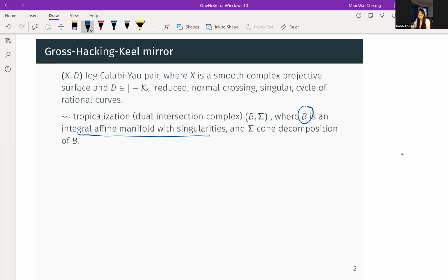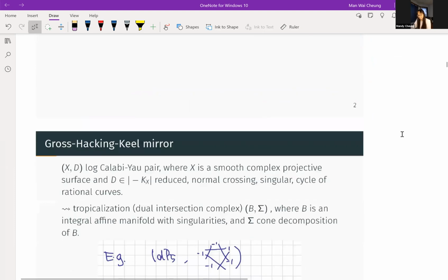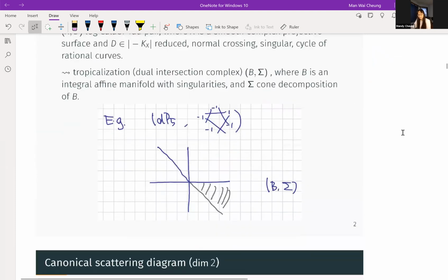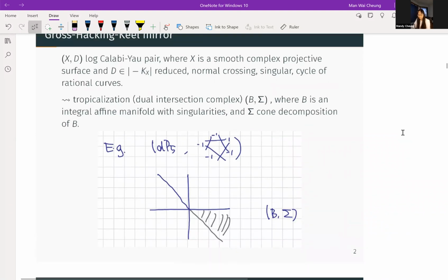Again, in Mark's talk, he got a cone decomposition of B. In September, I directly copied and pasted this picture, which is the example we will have throughout this talk: we look at DP5 and a cycle of five minus-one curves. We look at the dual intersection complex, and then we can obtain a cone structure like that.